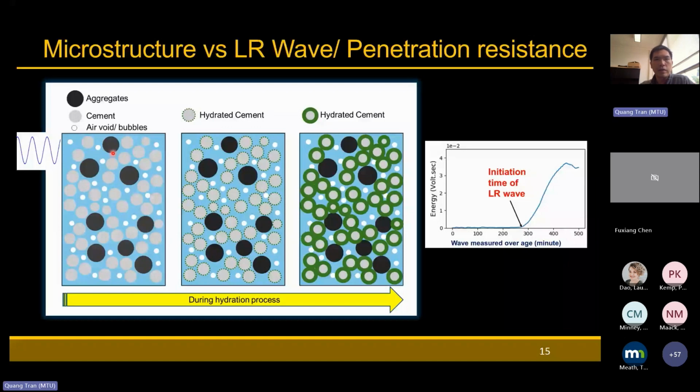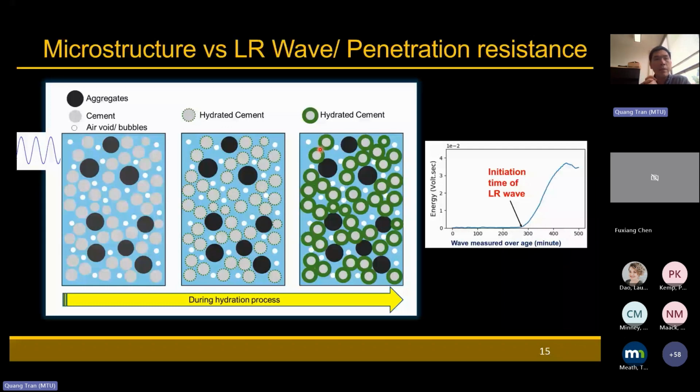But at this stage, when they have the hydrated cement, it bridges the particles and the aggregate with each other, and then the wave travels more easily between them. That explains why we have a higher penetration resistance, and also higher energies of the Rayleigh wave. So that is the principle of the technologies.